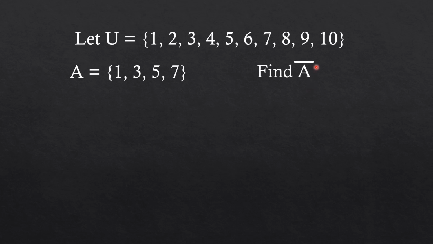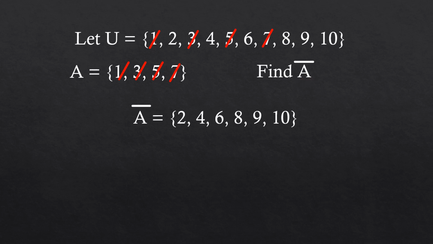So remember, A complement is everything that's not in A. So if I go through here and I mark out everything that is in A, so 1, 3, 5, 7, then everything that is left is going to be A complement. All right, so A complement would be 2, 4, 6, 8, 9, and 10.